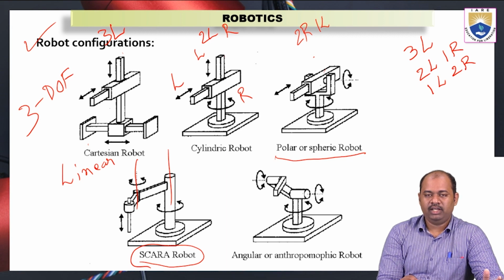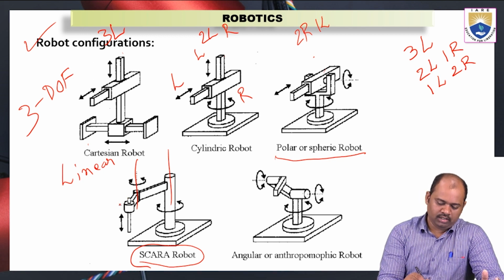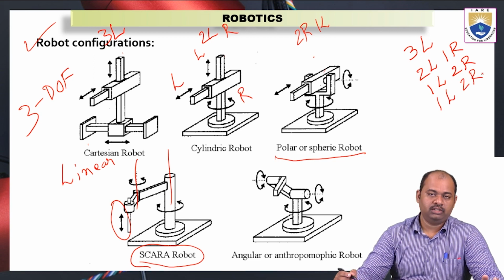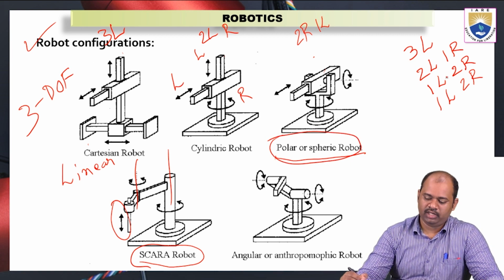This kind of arrangement is called a SCARA. Here, the third movement is linear, where the tool can move up and down. So here we have one linear and two rotational motions. In polar and spheric robots, both have the same kind of configuration.